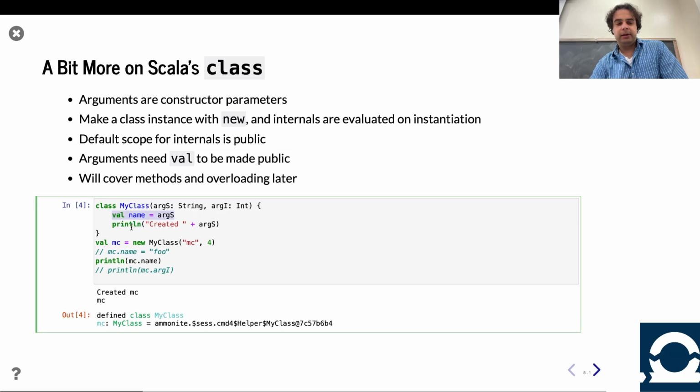It creates name. It also calls this print command, which prints created and then the argument, which came from up here: created MC. And then later on, we have this other print statement, which prints this field, this member within the class. You can see that you can reach in and grab that field. That's because, by default, things are all public scope.